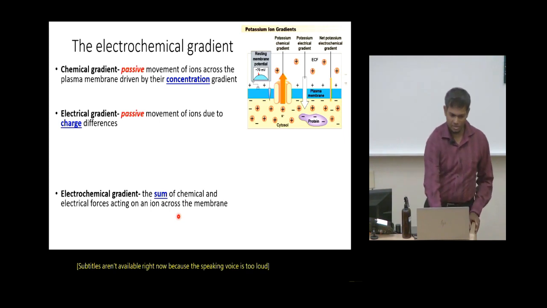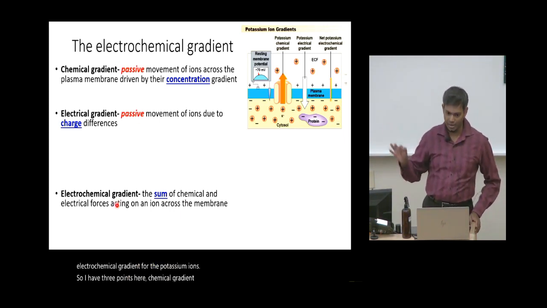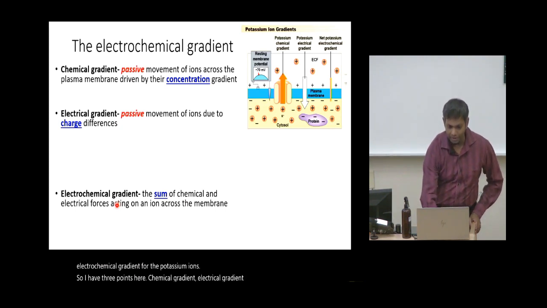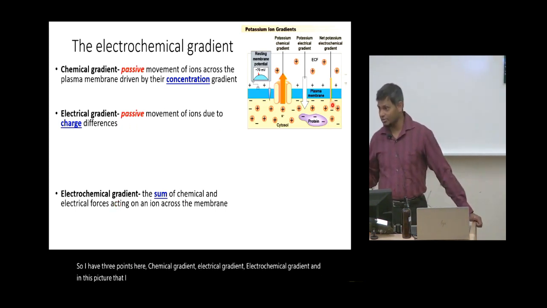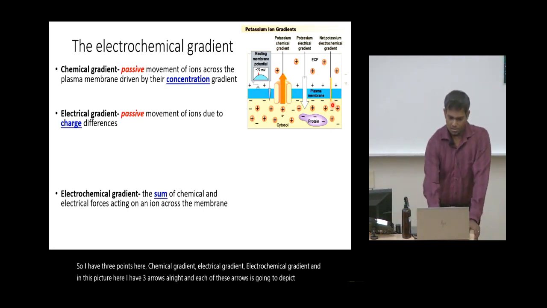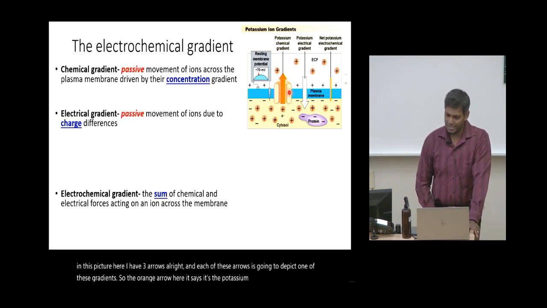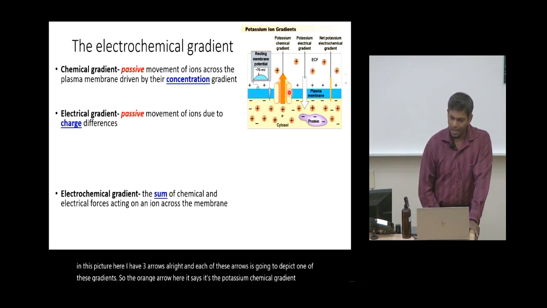I have 3 points here: chemical gradient, electrical gradient, electrochemical gradient, and in this picture I have 3 arrows. Each of these arrows depicts one of these gradients. The orange arrow is the potassium chemical gradient. Notice that it is pointing out of the cell.